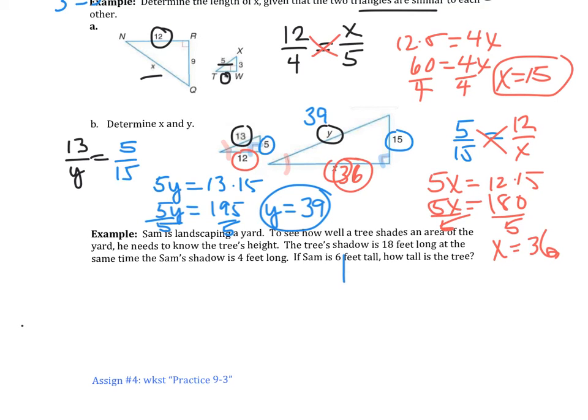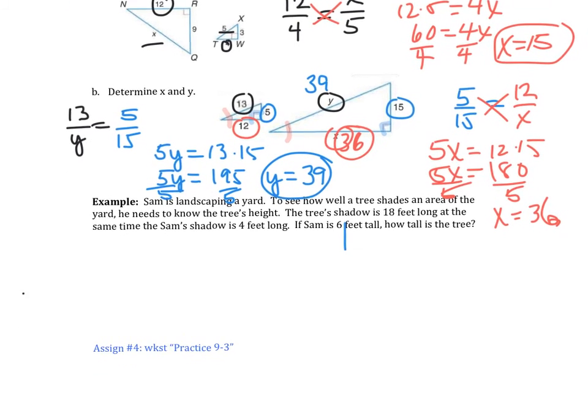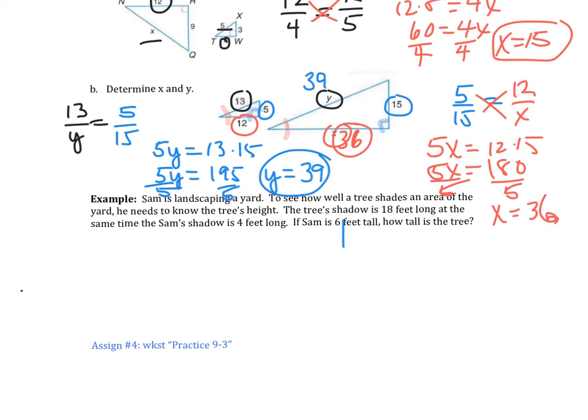All right. Moving on to our last example here. Sam is landscaping a yard. To see how well a tree shades an area of the yard, he needs to know the tree's height. The tree's shadow, let me draw a shadow here, is 18 feet long. At the same time, Sam's shadow is 4 feet long.